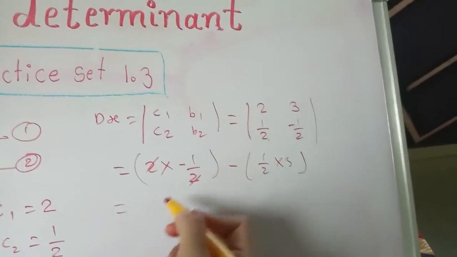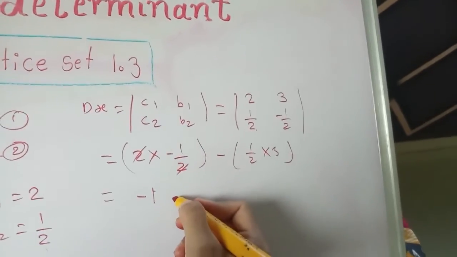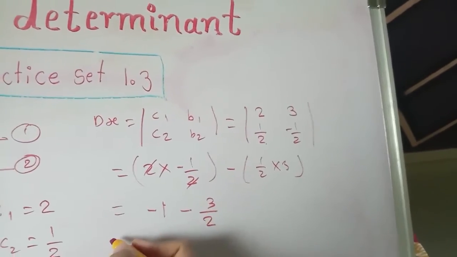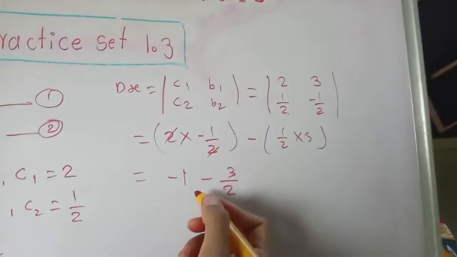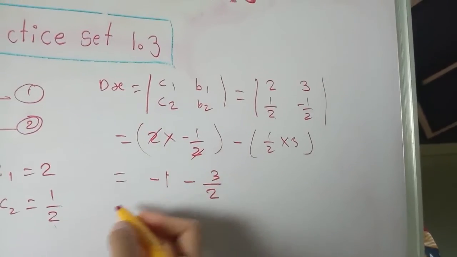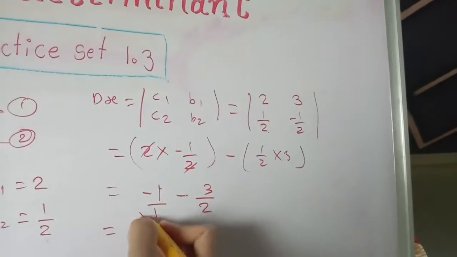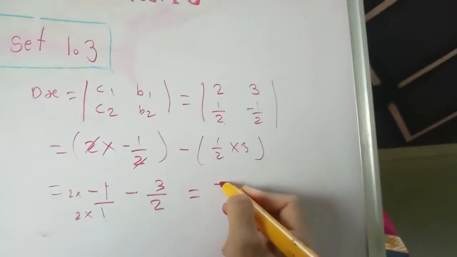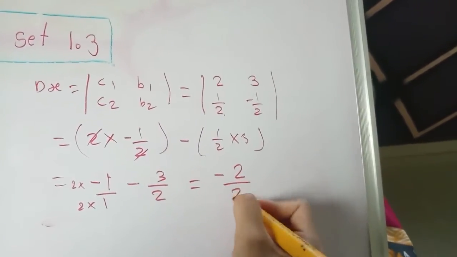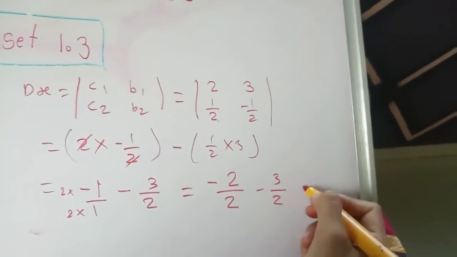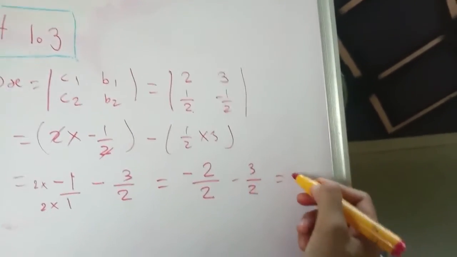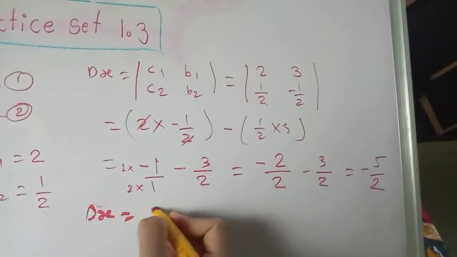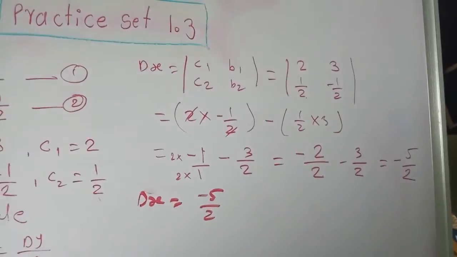So 2 get cancelled, minus 1 minus 3 upon 2. So minus minus plus, so here we have to make the denominator 2. So minus 1 into 2 is equals to minus 2 upon 2 minus 3 upon 2. So minus minus addition, minus 5 upon 2. So dx is equals to minus 5 upon 2.